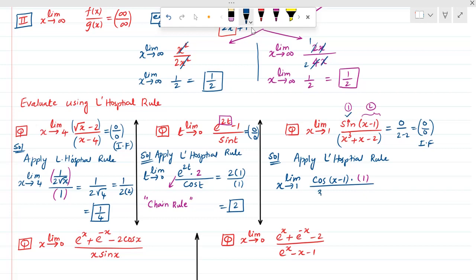So it is 3x square plus 1. Now apply the limit. When you apply the limit here, cosine 1 minus 1, 0, cosine 0, over here 0 plus 1. So cosine 0 is 1, 1 over 1, which is equal 1. So this is the answer. Now the next one we'll see.